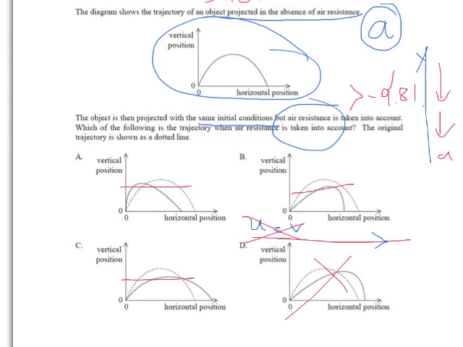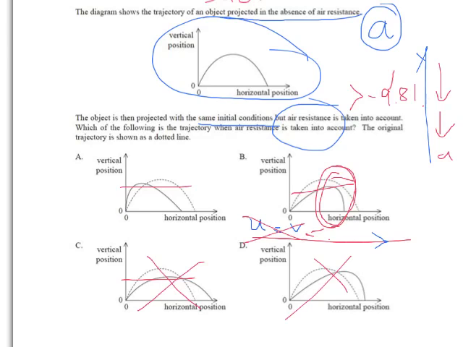You would have a velocity decreasing as you move forward, and then you would lose this symmetrical shape. So that wouldn't be a case anymore. And the second half of the journey would definitely be much shorter than the first.